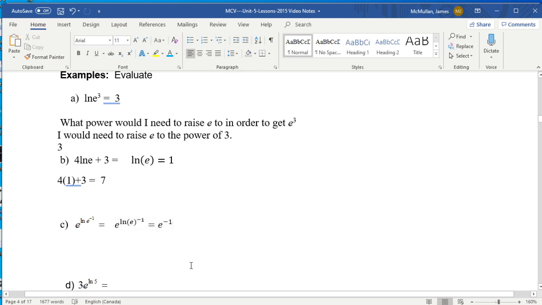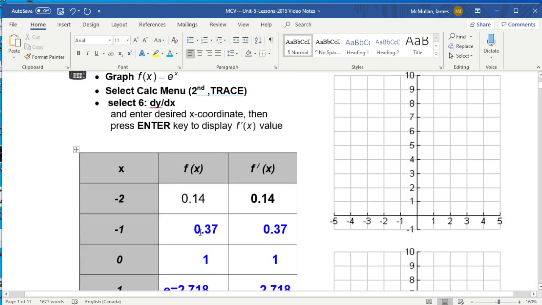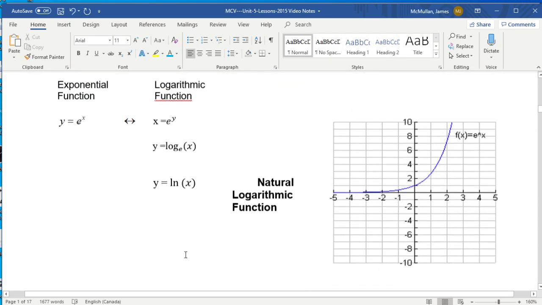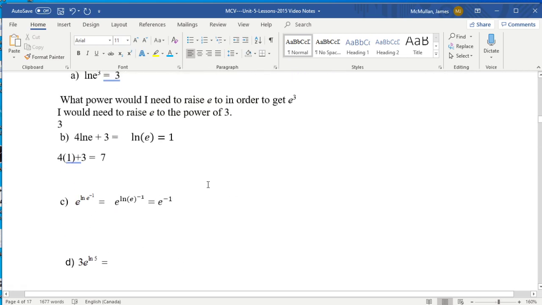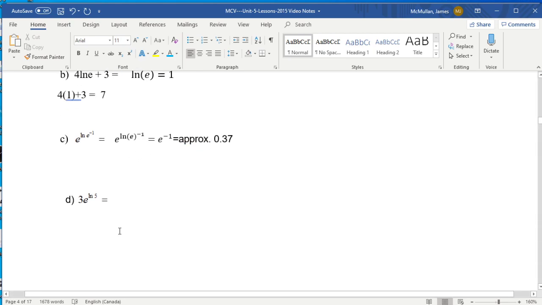When you take the natural logarithm of e to the -1, you just get the -1. Now I still have an e here at the bottom, so I just do e to the power of -1. And that is a number, we did it earlier, I think it was 0.37, right? So I'm just going to write equals approximately 0.37. Sorry, I mixed that one up with something else.